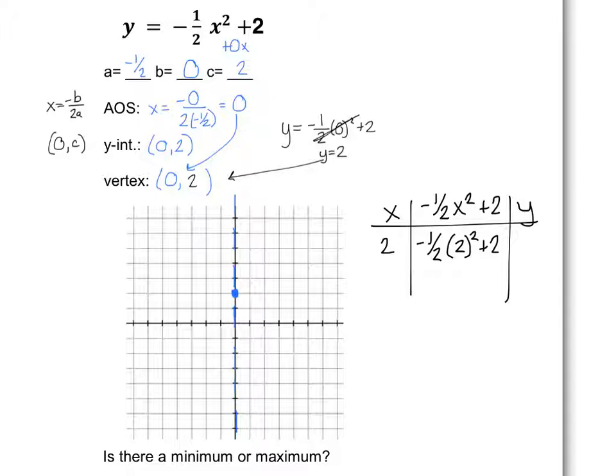Well, what's 2 squared? 4. -1/2 times 4 is -2. -2 plus 2 is 0. So plot 2, 0.